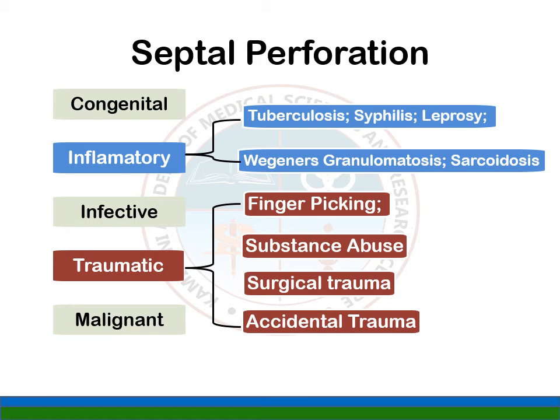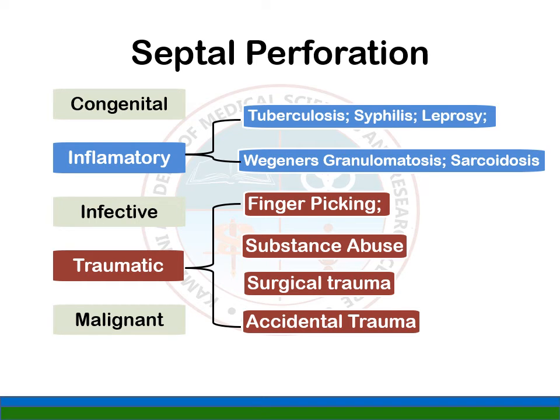Traumatic. This is by far the most common cause, that is finger picking, especially in children, because they don't know how deep or how fast or how violently they have to do finger picking, which actually is not supposed to be done, but because we don't have control over them, finger picking is the most common cause in children.